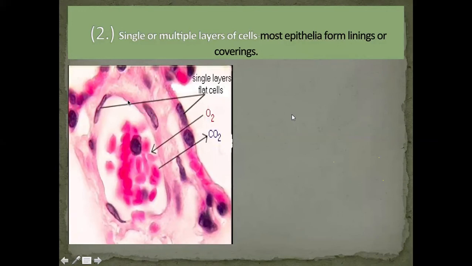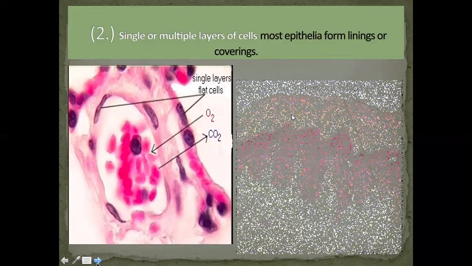Kaya the design of nature is that single lang siya, kasi ang function niya is this one: so that oxygen and carbon dioxide and any other substances can go in and out easily. Kasi kung maraming cells yan, naku, mahirapan siyang makapasok or makalabas. As shown in this example.